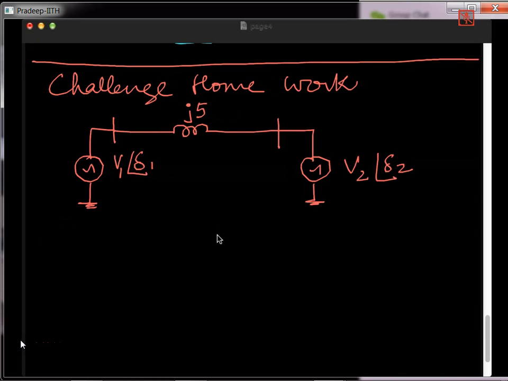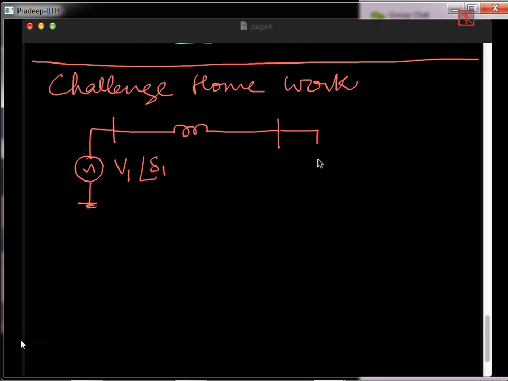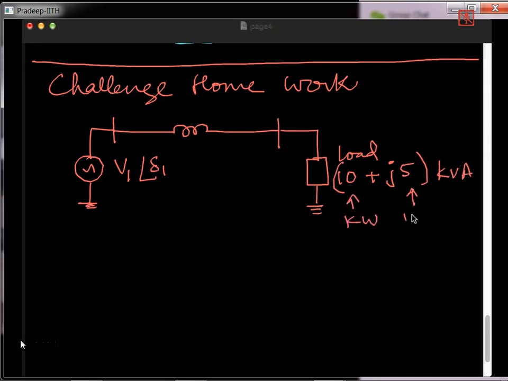I'm sorry, I just want to change this a little bit. So this is V1 angle delta 1, and here I connect a simple load. So load 10 plus J5 kVA. So this is kilowatts and this is kVAR. So the load is given. Here the voltage is V2 angle delta 2. Here the voltage is V1 angle delta 1. And this is J5 ohms.